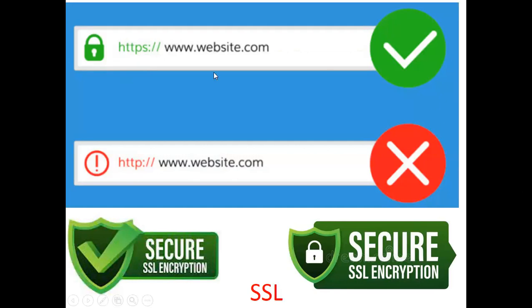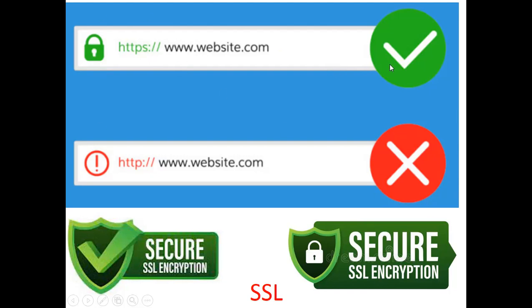Generally, when you are using any banking website, only if the bank has a secure website should you perform the transactions on that site. Otherwise, don't use any website for your accounting transaction.